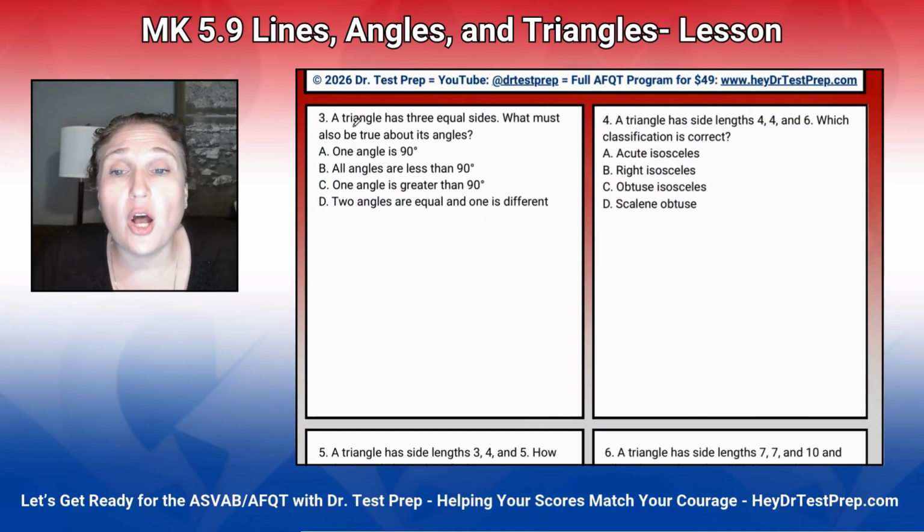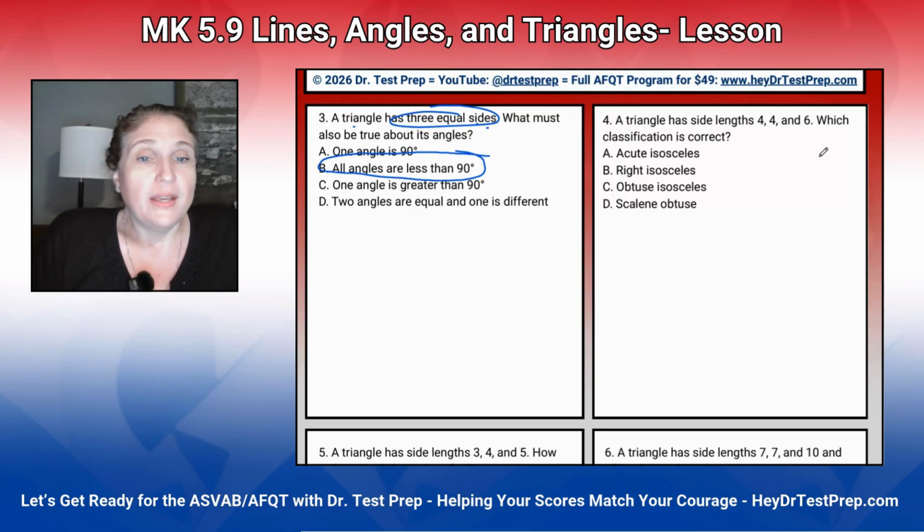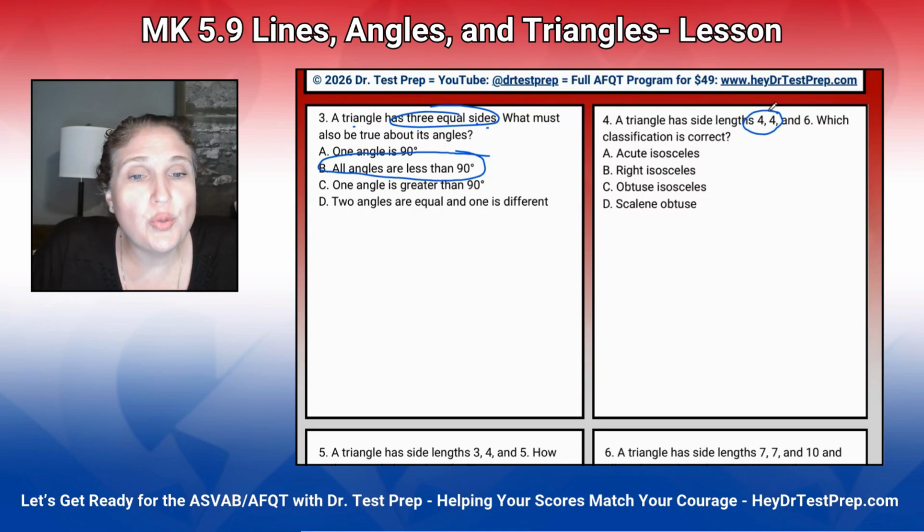Here all sides are equal. What also is true? Well, if all the sides are equal, all of the angles are also equal. Guaranteed, they're all 60 degrees. Here we've got two sides that are the same, isosceles, 4 and 4, and I don't think we can determine this.